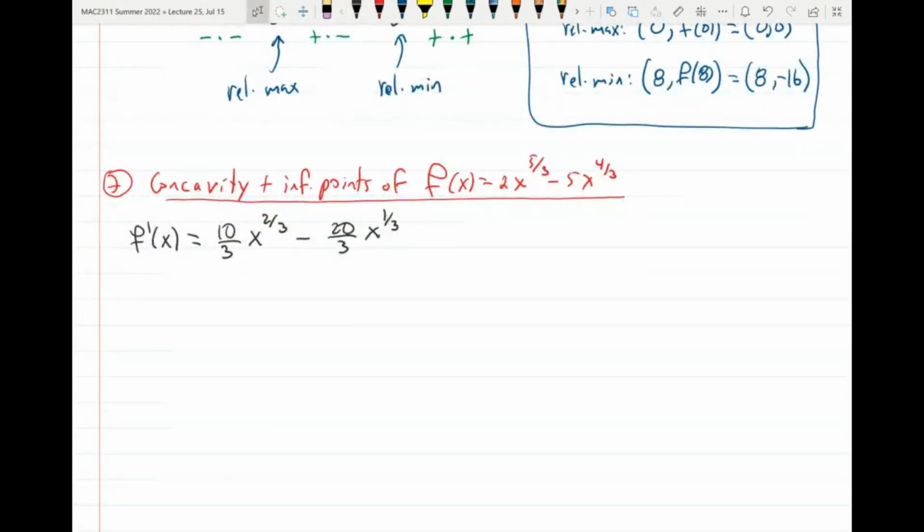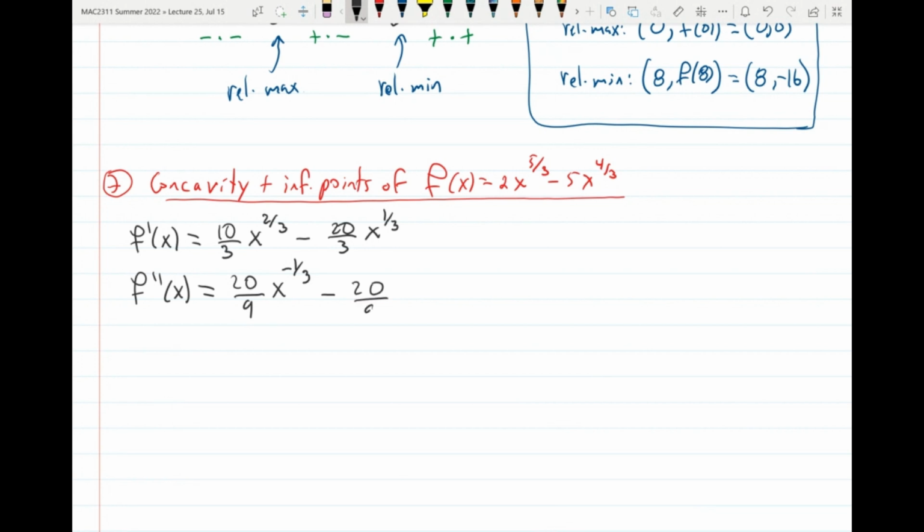And now we look at the second derivative, which is 20 over 9 x to the negative 1/3. We subtract 1, then minus 20 over 9 x to the negative 2/3.